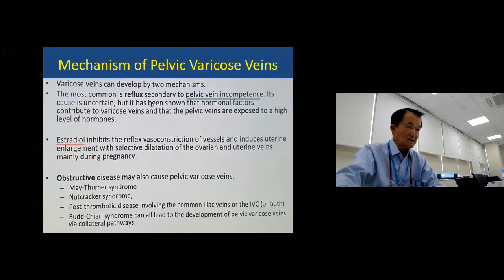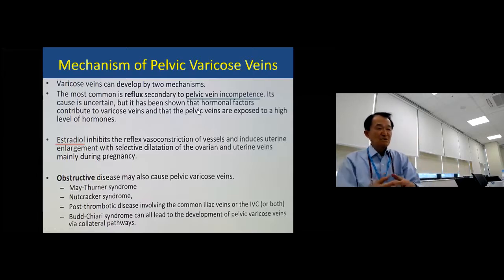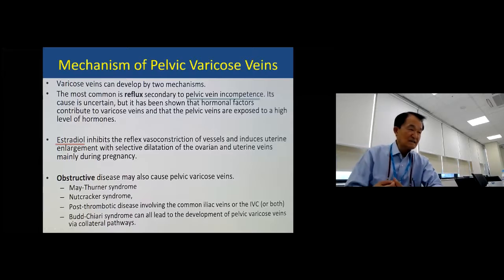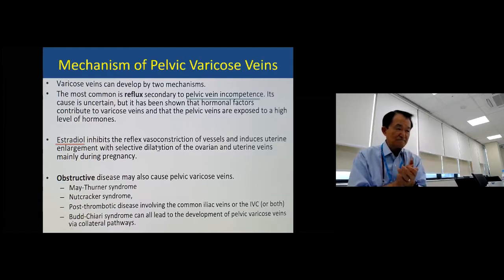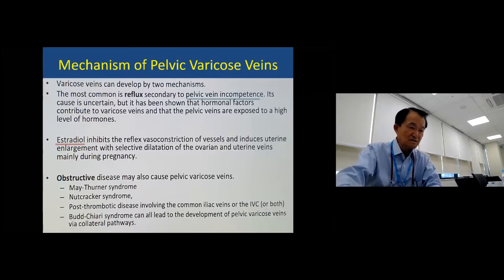So the problem is sort of a reflux in a network, and the exact cause besides the obstruction is unclear. Some hormonal factors like estradiol, vasoconstriction, and then this induces uterine vascular enlargement.